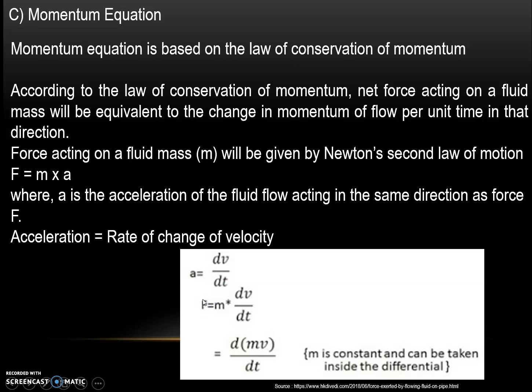So, F can be written as mass into acceleration. Acceleration is dv by dt. So, we get d of mv divided by dt.